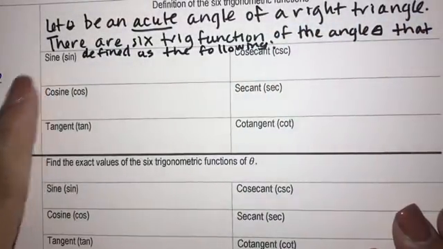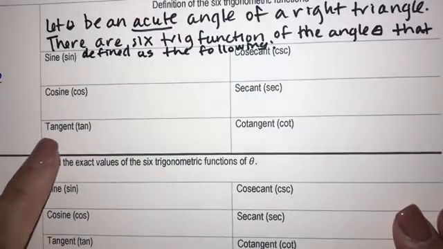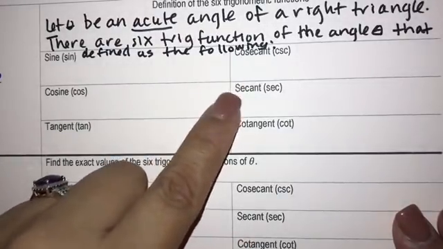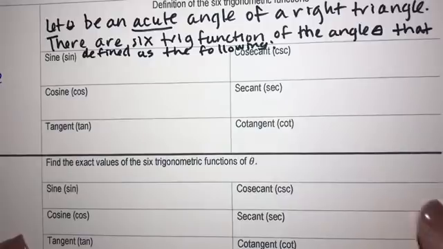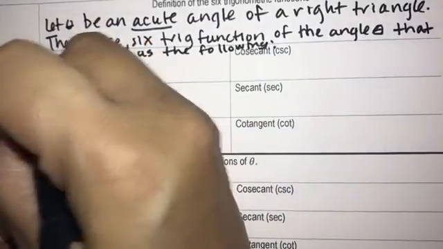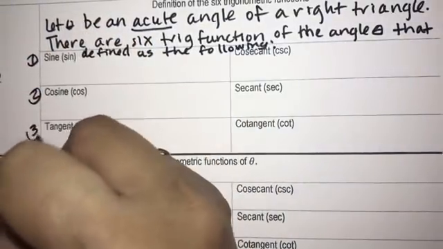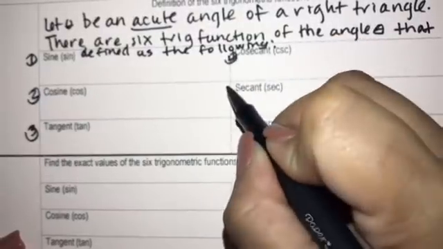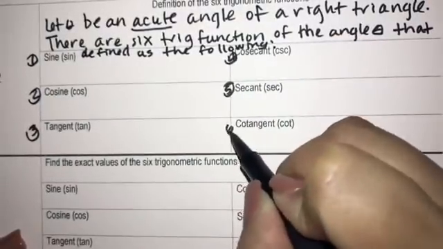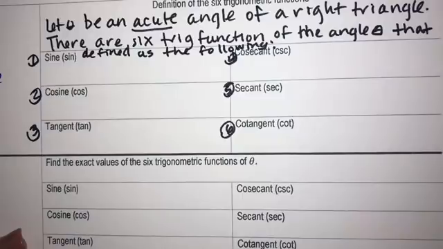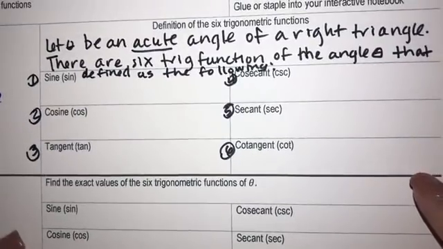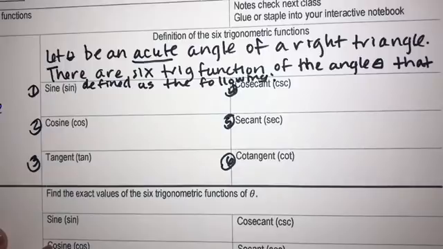Okay, so you have sine, cosine, tangent, cosecant, secant, cotangent. So these are our 6: 1, 2, 3, 4, 5, and 6. What's important about these trig functions is they're basically ratios of the sides of a triangle.